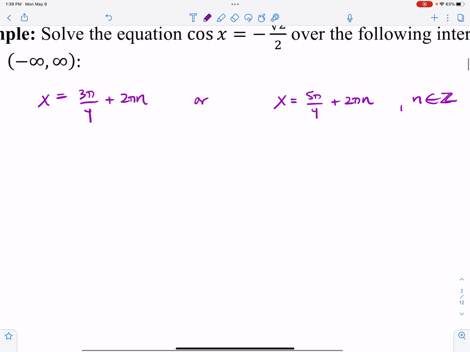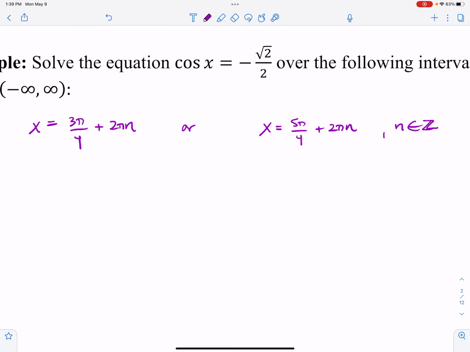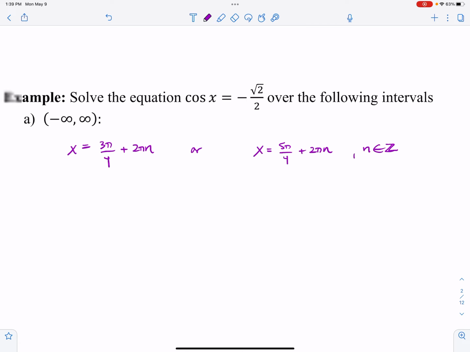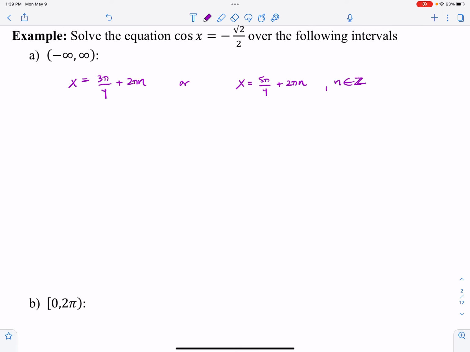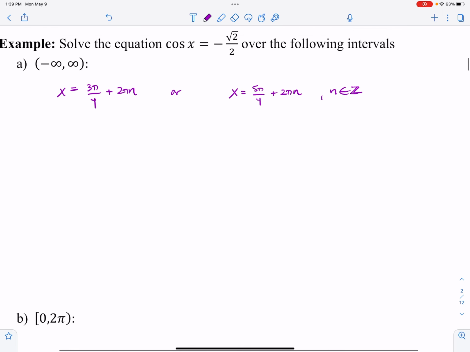The solution over all real numbers can also be known as the general solution set, and we can use it in order to solve over a specific interval. Like if we wanted to come up with the solutions from 0 to 2 pi, you could just come up with those values by inspection.